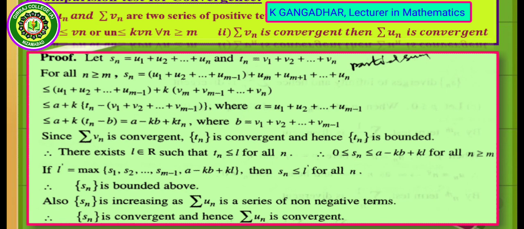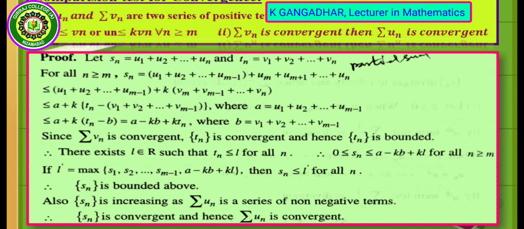So by the boundedness definition, 0 is less than or equal to Sn less than or equal to a minus kb plus k Tn. Taking the limit value of Tn as L, we have 0 less than or equal to Sn less than or equal to a minus kb plus kL.